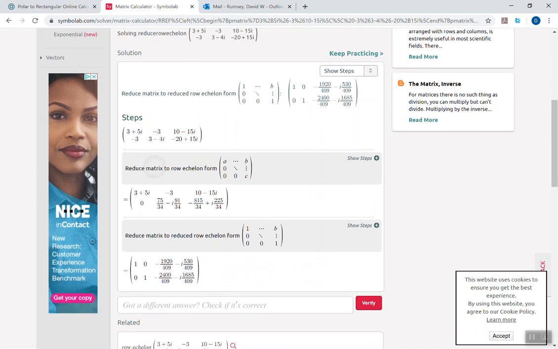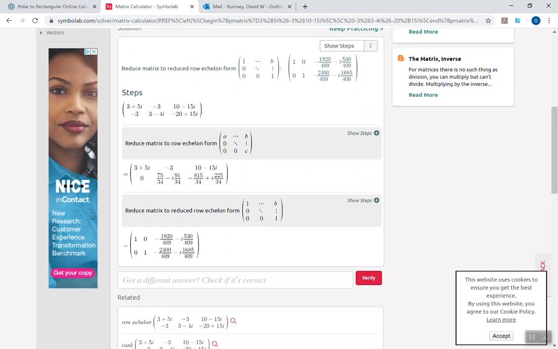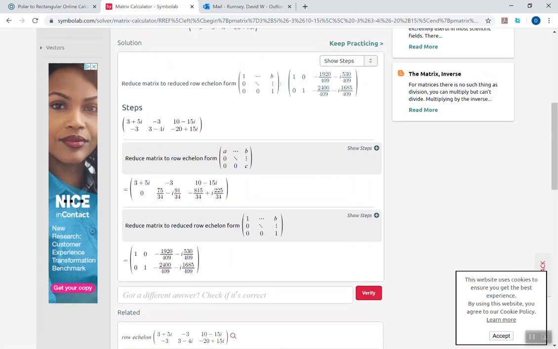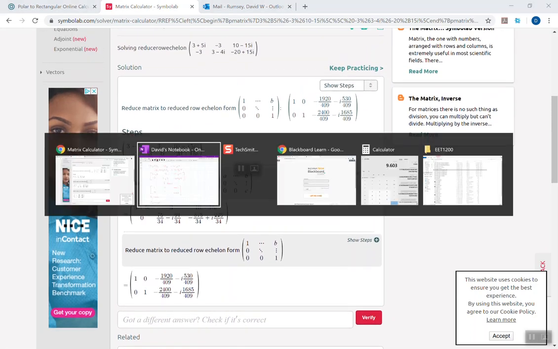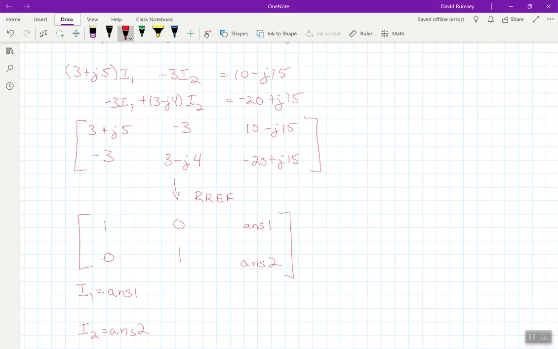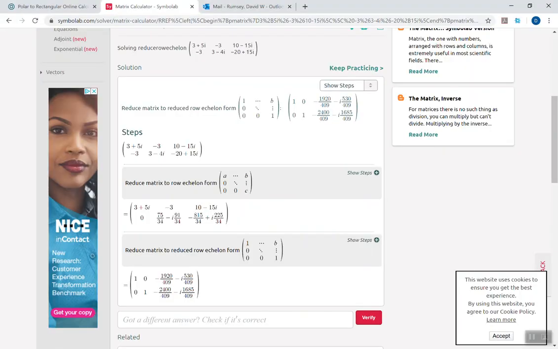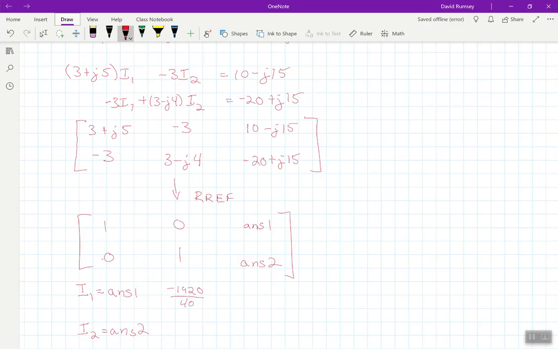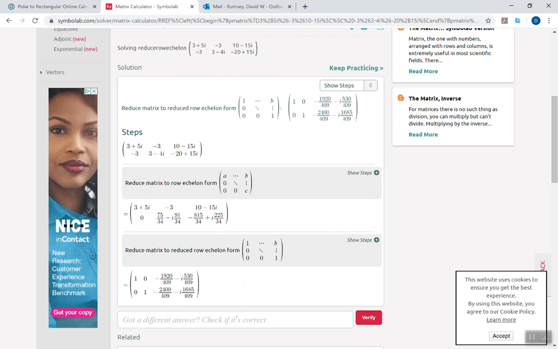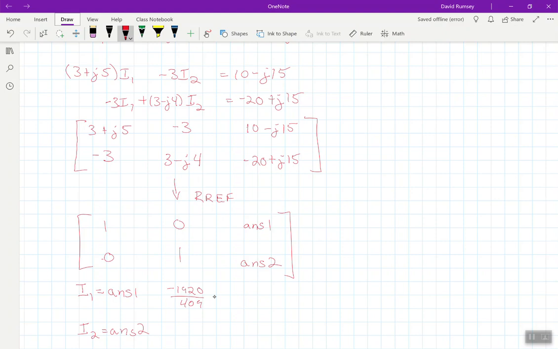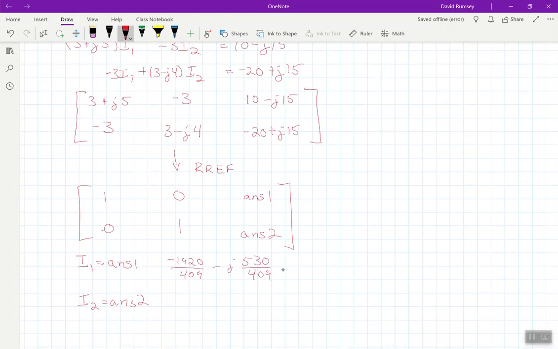So the answers here would be negative 1920 divided by 409 minus J 530 over 409. This is I1 amps.